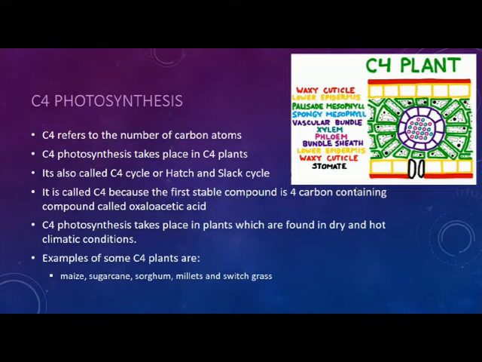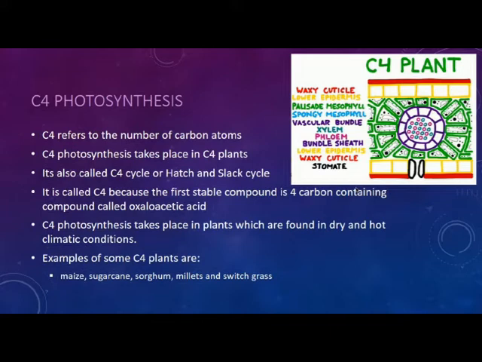C4 photosynthesis takes place in plants which are found in dry and hot climatic conditions. In dry and hot climatic conditions, in ordinary plants, the stomata close due to the high temperature and free carbon dioxide cannot enter the plant.